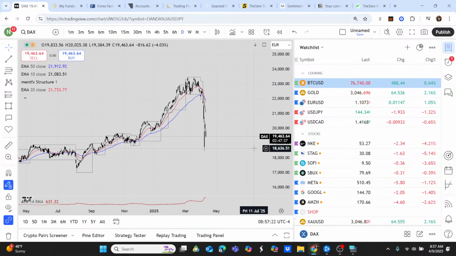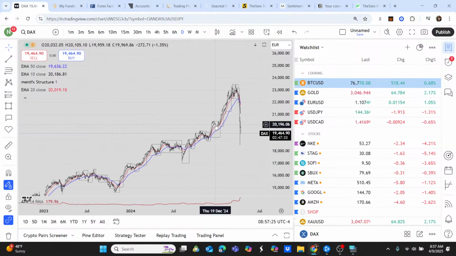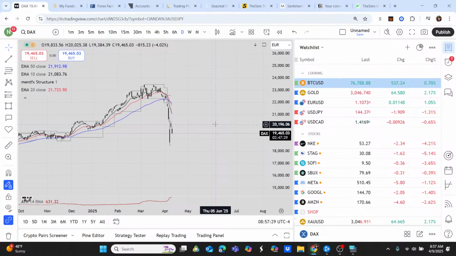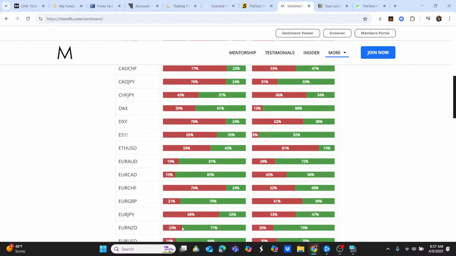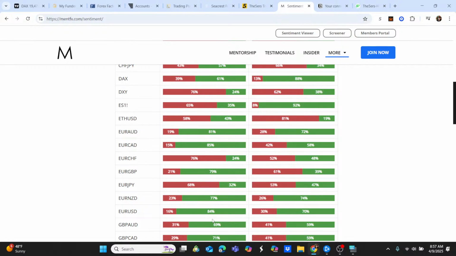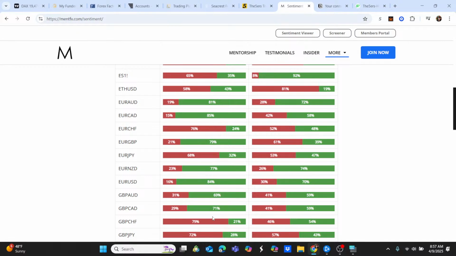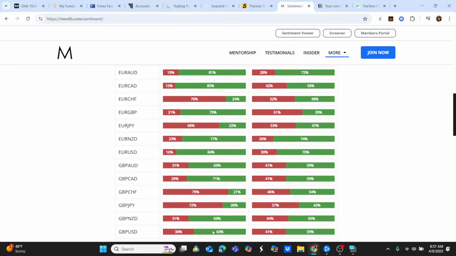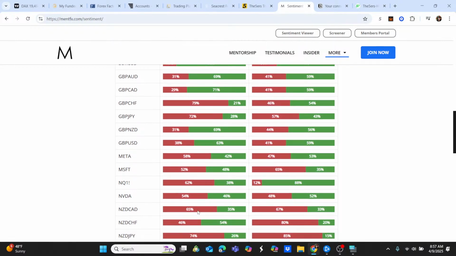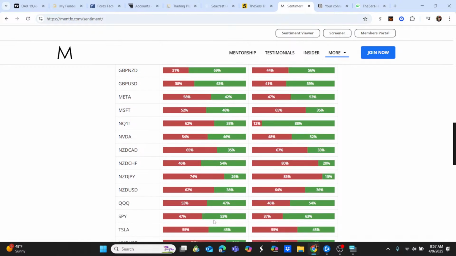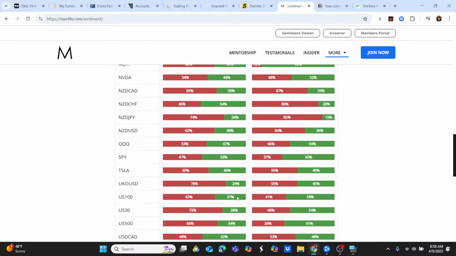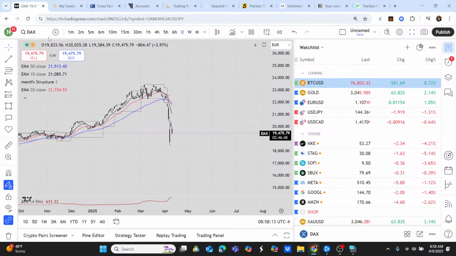Wow, that was a heavy move. Let me look at something else. USD CAD. Take a look at US 30.